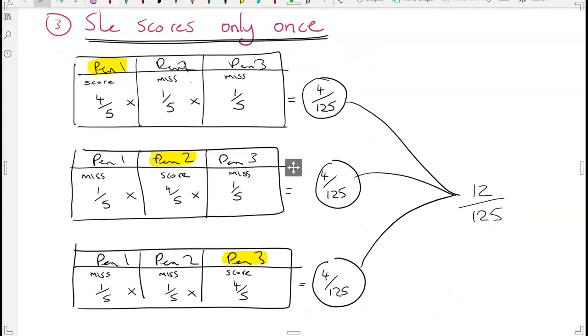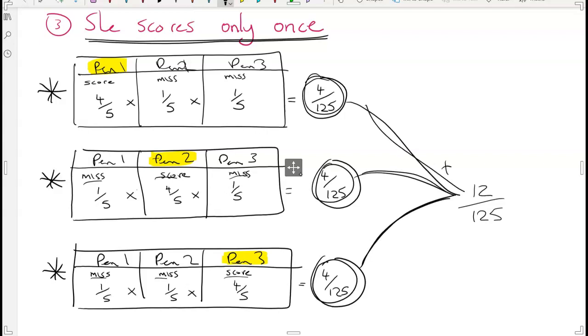Well, implied in that is an order. It could be a score, miss, miss, or a miss, score, miss, or a miss, miss, score. All of those are examples of where she scores only once. So you need to work out the probability of each one individually and then add those 3 probabilities together to get you the overall probability.